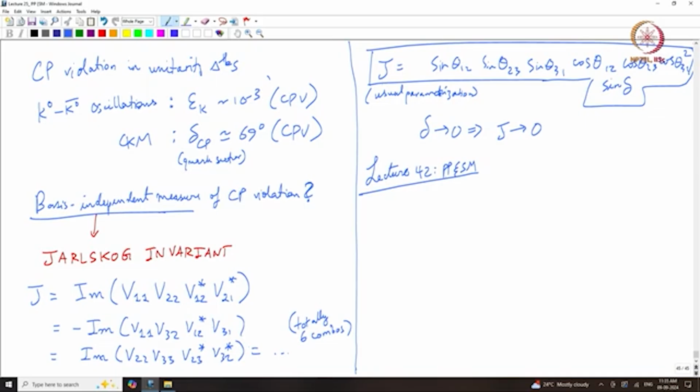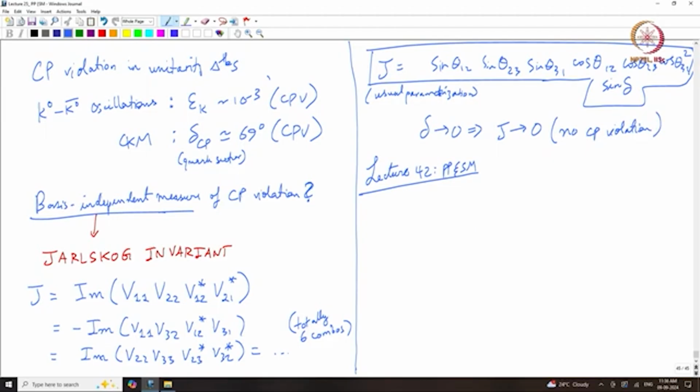But it was useful to write down the Jarlskog invariant in terms of the rotation matrix angles and the CKM phase, using the usual parameterization. That way we could see that if delta is 0, the Jarlskog invariant also goes to 0, which would just mean no CP violation, just to be complete.